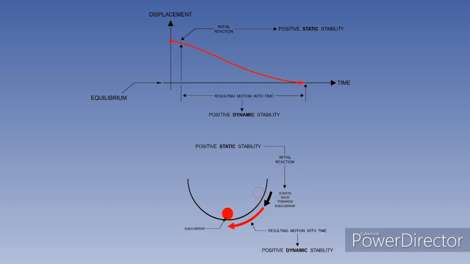We have an illustration of positive static and positive dynamic stability. How is it possible for the ball to gently return to equilibrium with no oscillations? Damping. If the bowl is full of a viscous substance, such as syrup, the ball might act as illustrated.